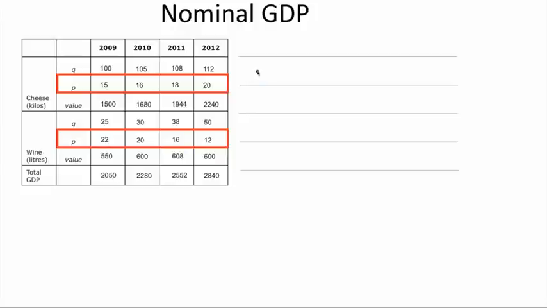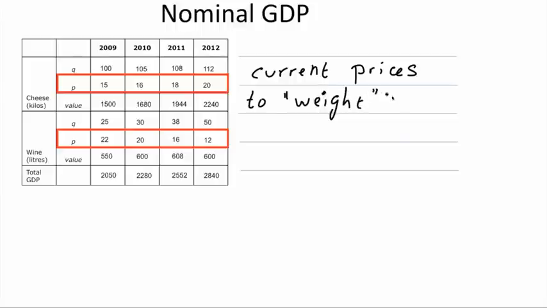One way of thinking about what's happening here is we're using those current prices to, let's call it, weight the commodities each year.